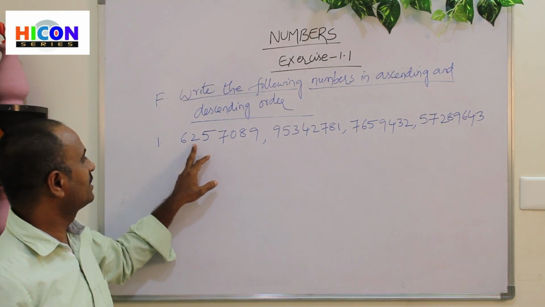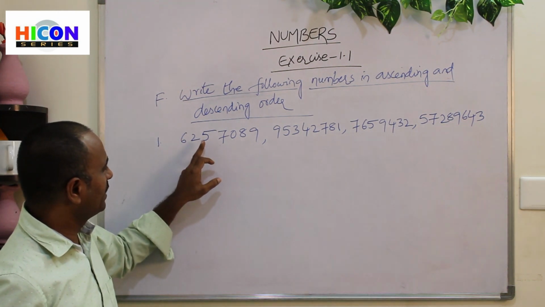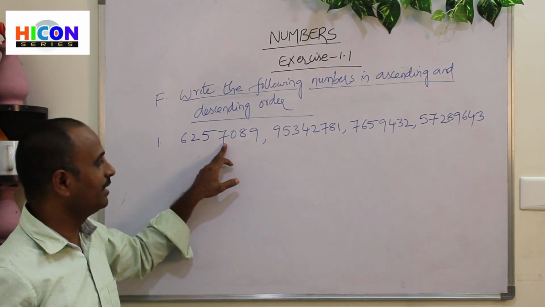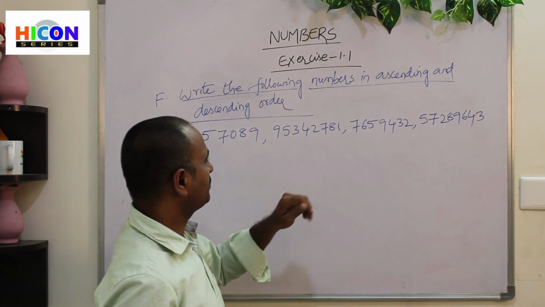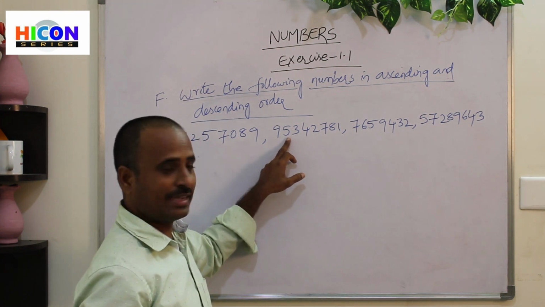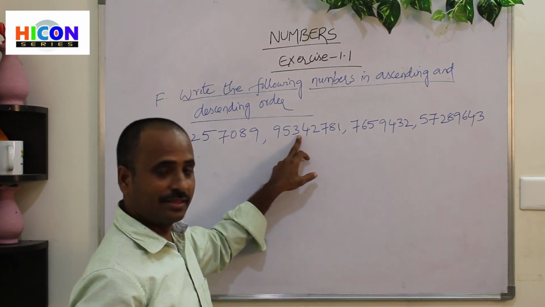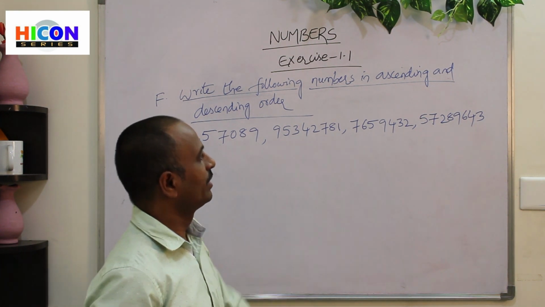So see the 4 numbers. The first number is 62 lakhs 57,089. And the second number is 9 crores 53 lakhs 42,781.